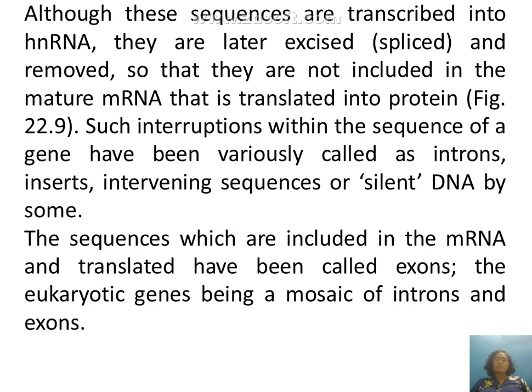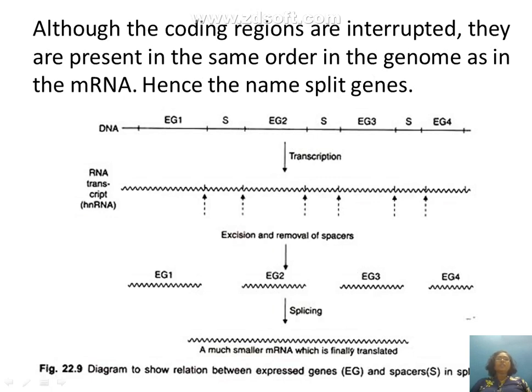You will observe that the coding regions are interrupted by non-coding ones, also called spacers, but it is better to refer to them as introns. Hence they are called split genes.